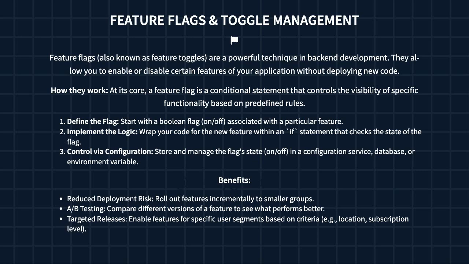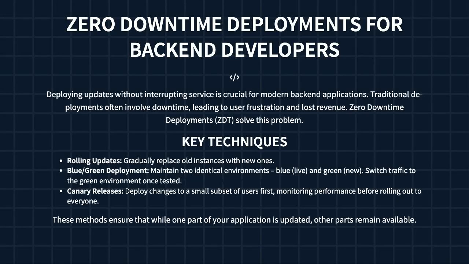groups with certain features. Let's talk about keeping your backend applications running smoothly, especially when you're making updates. Downtime can be a huge problem for users and your business. That's where zero downtime deployments come in. Essentially, it's about updating your application without any interruptions to service.